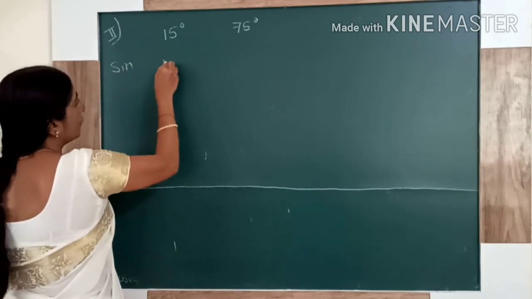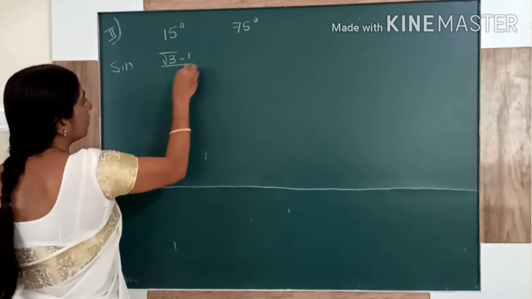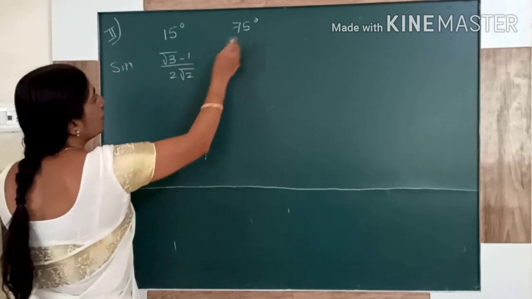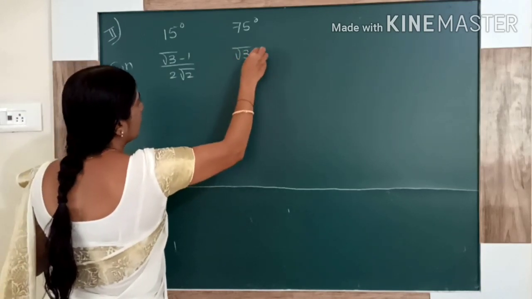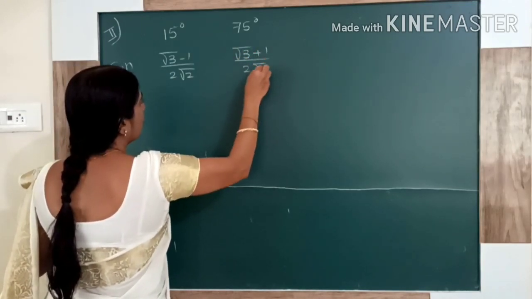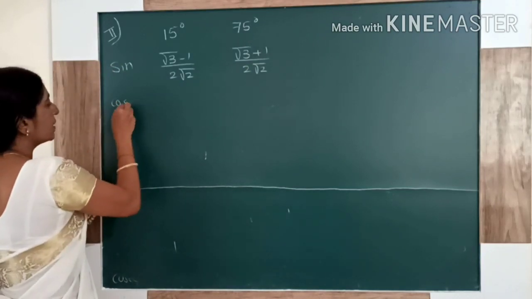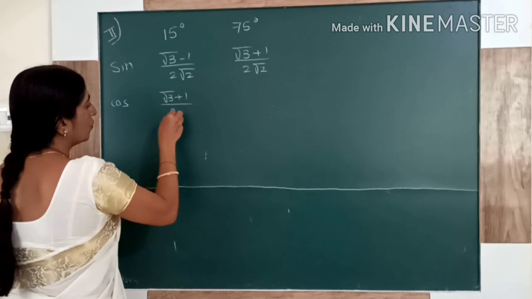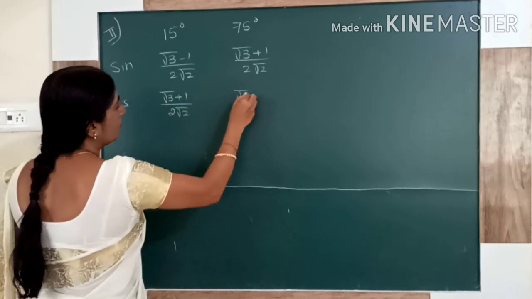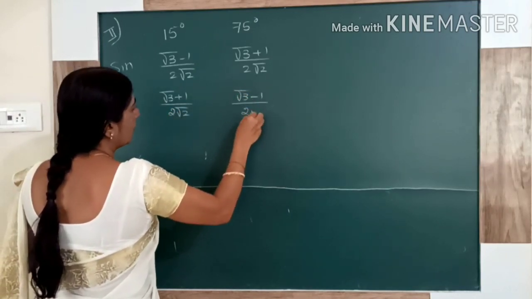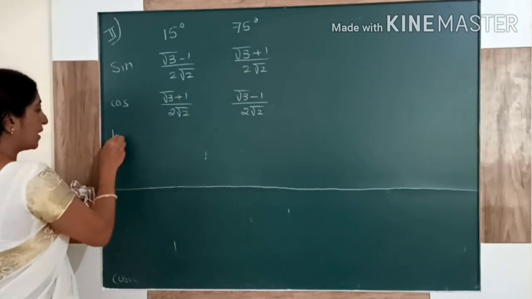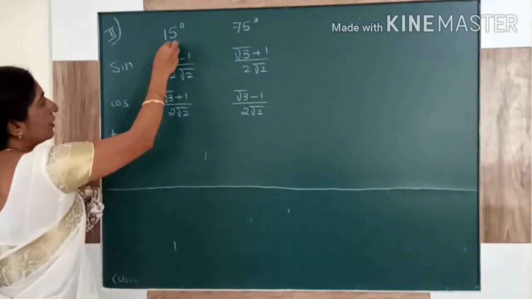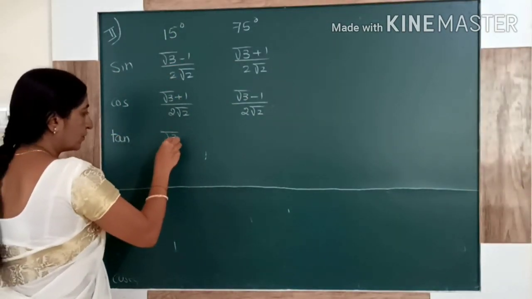What is sine 15 degree? Root 3 minus 1 upon 2 root 2. Sine 75 is root 3 plus 1 upon 2 root 2. And cos, just interchange these two. This is root 3 plus 1 upon 2 root 2 and this will be root 3 minus 1 upon 2 root 2, and tan will be sin by cos.